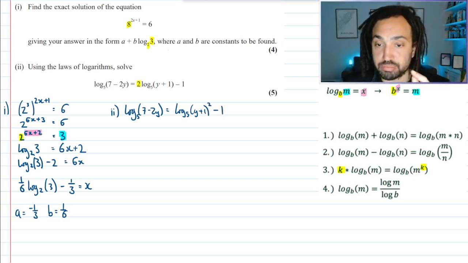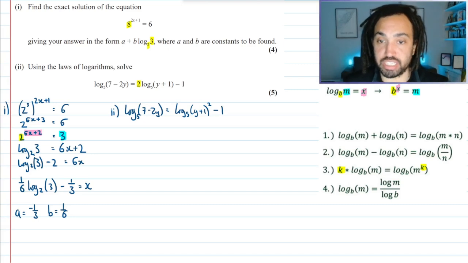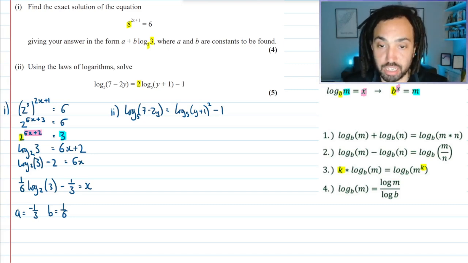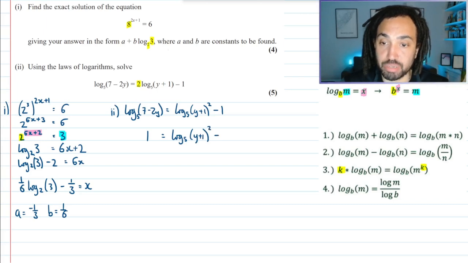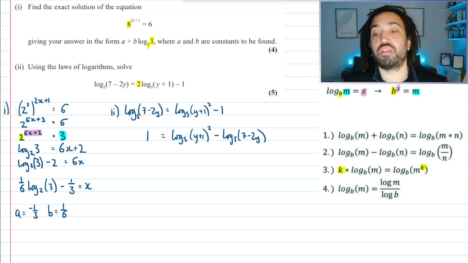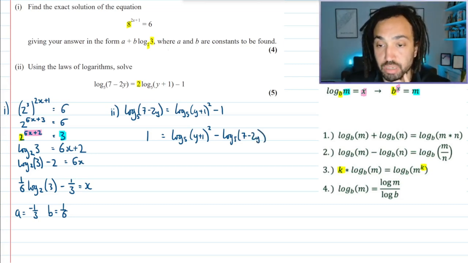Okay, next thing I'm going to do is rearrange this to get the logs on the same side, and I'll move the 1 over to this side and move the other log over to this side in order to just reduce the number of negatives. So that becomes a minus log base 5 of 7 minus 2y.